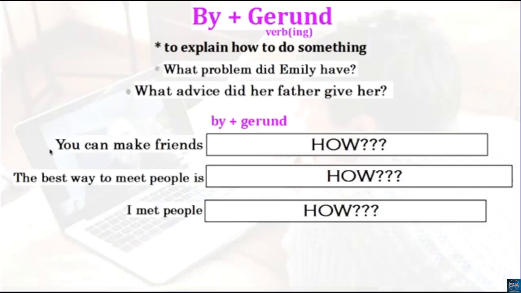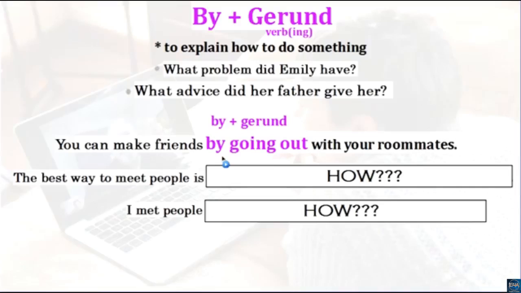One of the pieces of advice that he gave her is he said, you can make friends, but how? Now, he told her how to make friends when he used by and the gerund. So do you remember how he said that she can make friends? Well, one way is that he said, you can make friends by going out with your roommates.